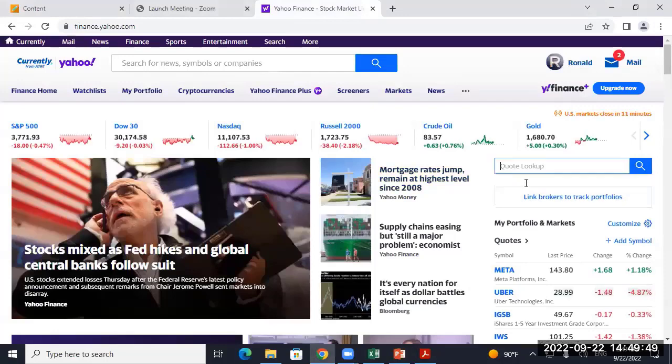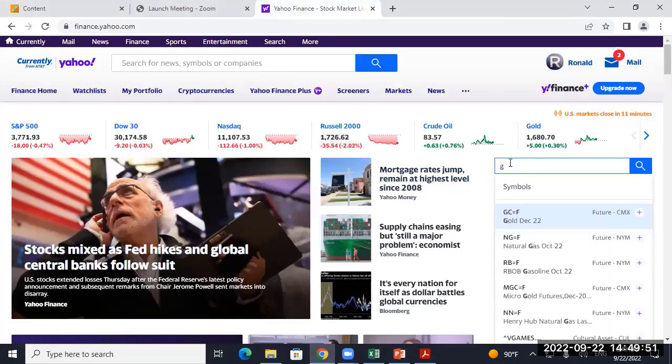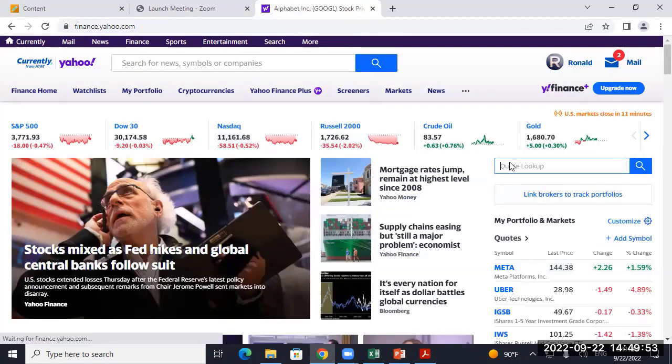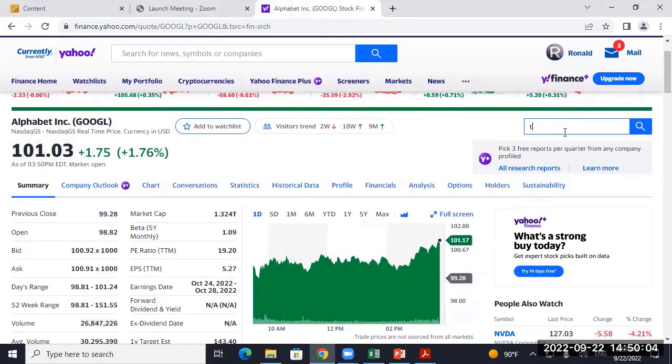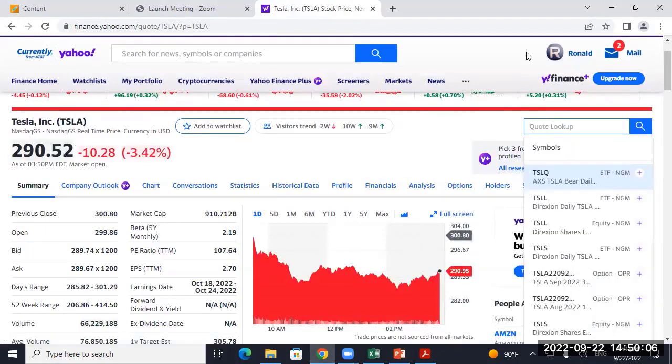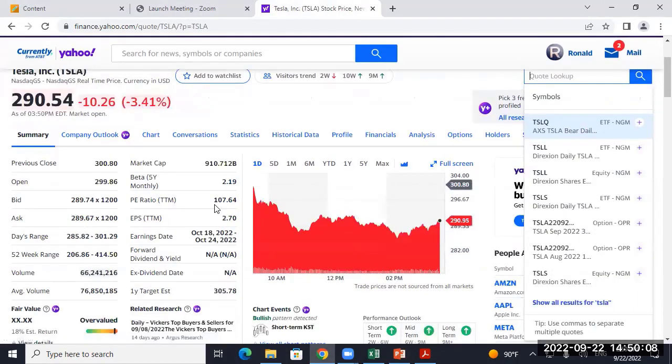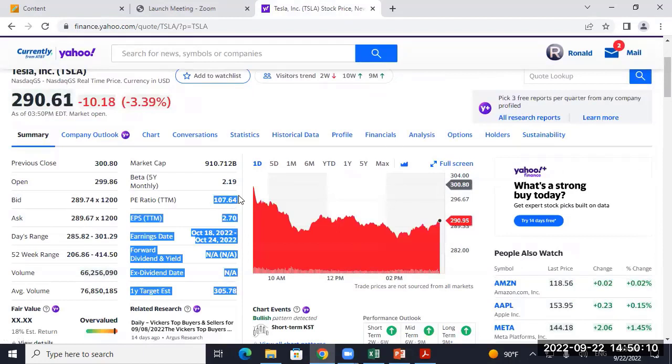So let's look at Google. Google has a PE ratio of 19. That's actually not all that high. Let's look at Tesla. Oops. Did it come up? There it is. They have a PE ratio of 107. That's a little bit higher, isn't it? Why are you paying $107 for $1 of earnings for Tesla?